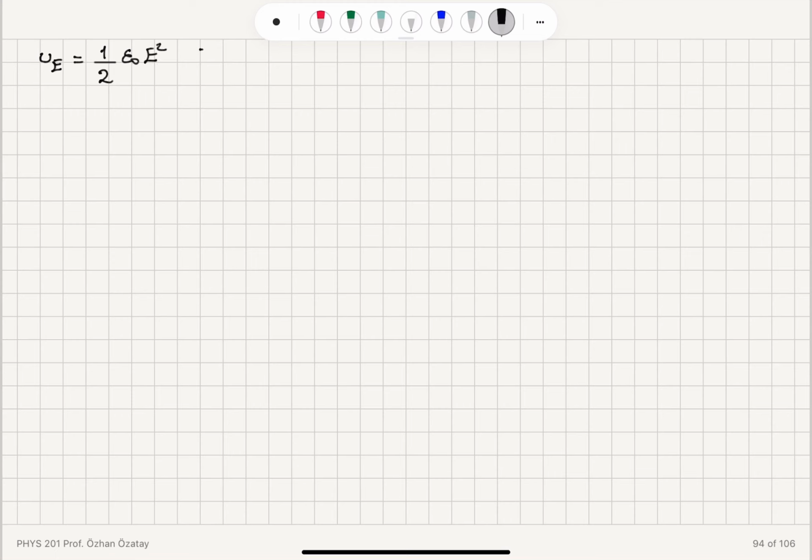So this will be in units of joules per meter cube if you're using SI units. All right. And we call this energy density.